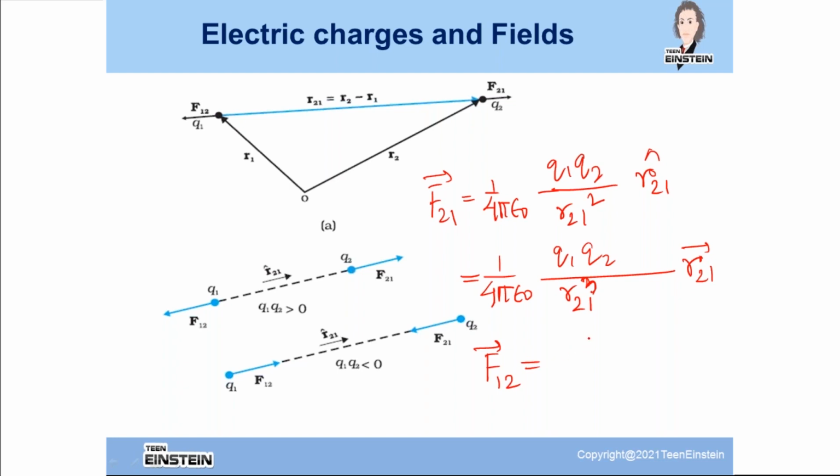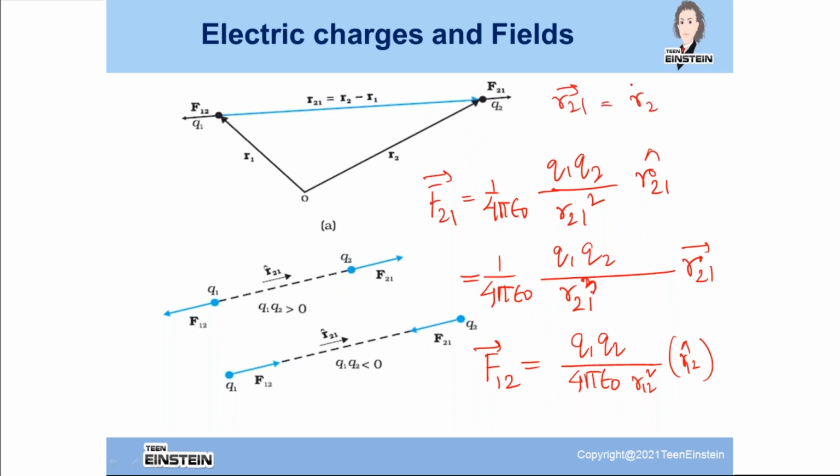Hope you understand. If I write F12, you have to write magnitude and unit vector. The magnitude is the same for both, Q1 Q2 by 4 pi epsilon naught R12 square, and then I have to write R12 cap, right?